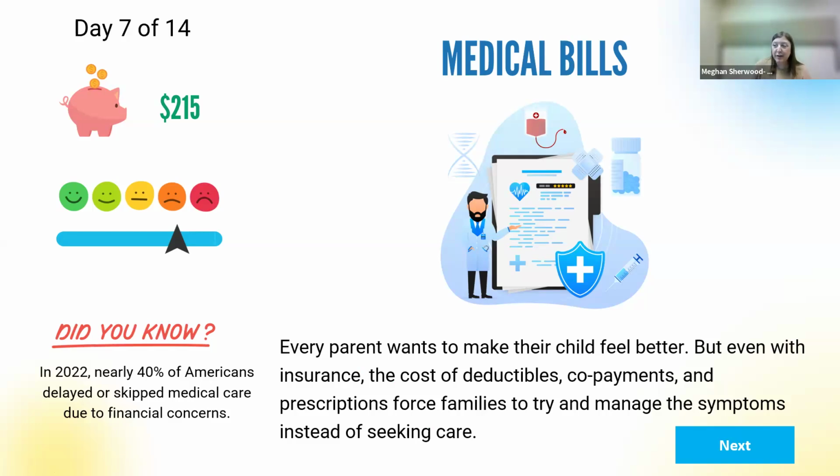In 2022, nearly 40% of Americans delayed or skipped medical care due to financial concerns. That is a large percentage of people who have skipped care due to those costs. So we know those costs continue to rise and just have those implications there.